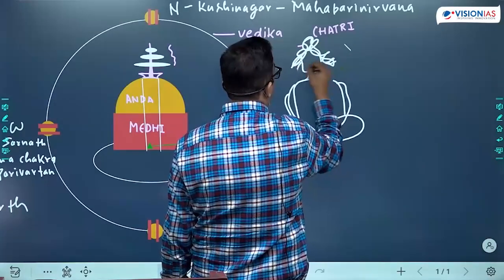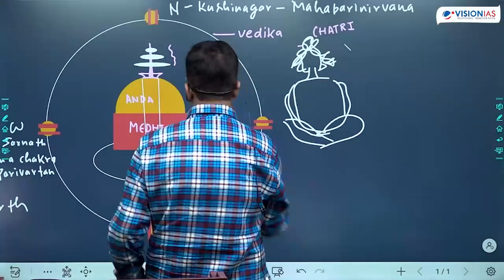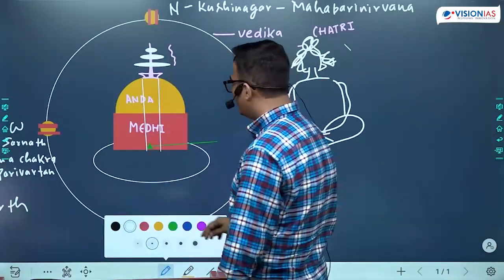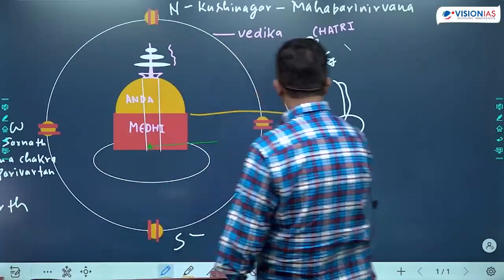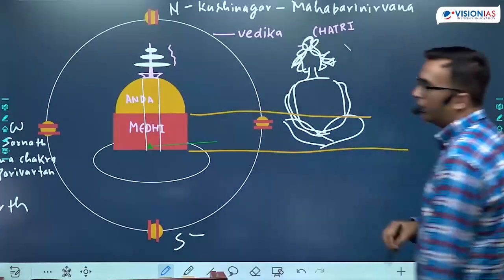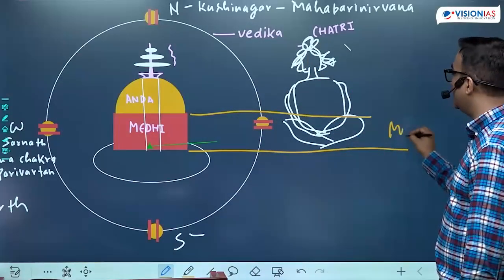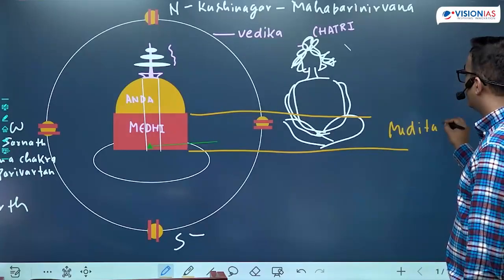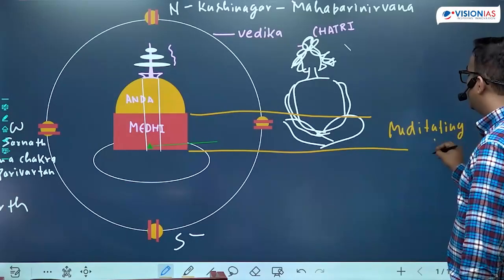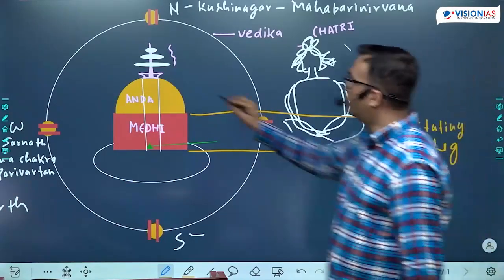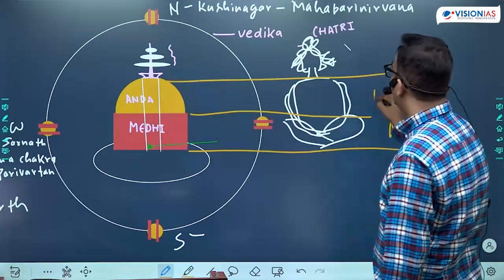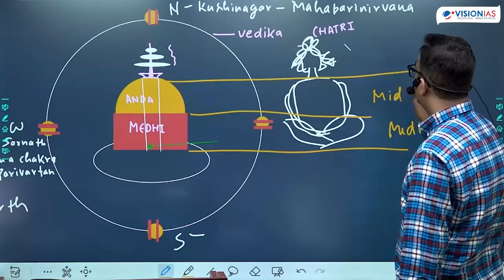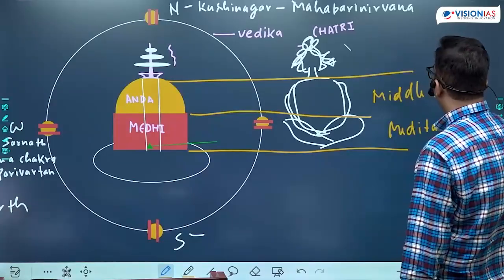Now understand that this Medhi part, don't go by the design, is regarded as the meditating leg of the Buddha. Then Anda is considered to be the middle body of Buddha.